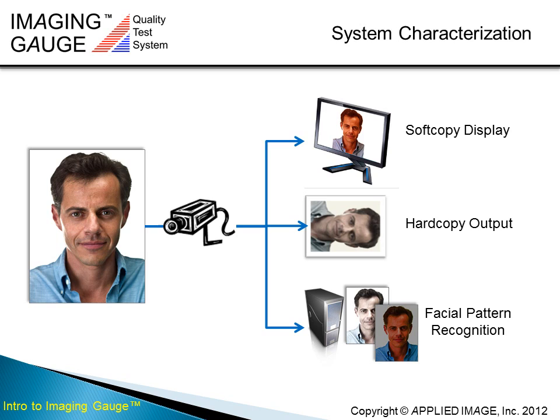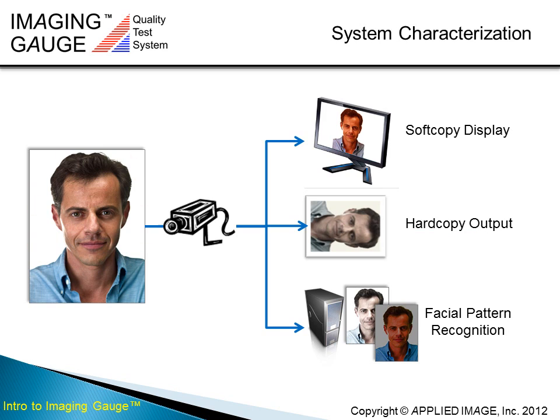Captured images can be displayed, reprinted, or used to do facial pattern recognition, among other things. It's important to characterize the camera at the beginning of each of these processes. Without proper equipment calibration, the images displayed may not look the same as the captured image.